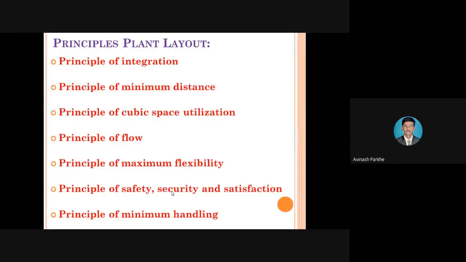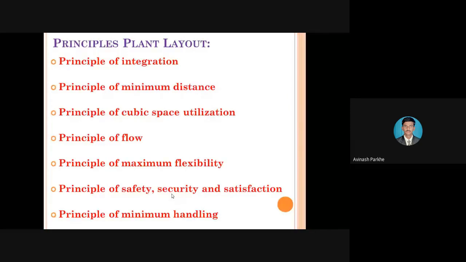But whenever we are doing the modifications in the existing plant layout, that modification should take place in minimum cost and minimum time. Therefore, whenever we are designing the current plant layout, that design should be made in such a way that in future, if I have to go for the modification, immediately the modification can take place.